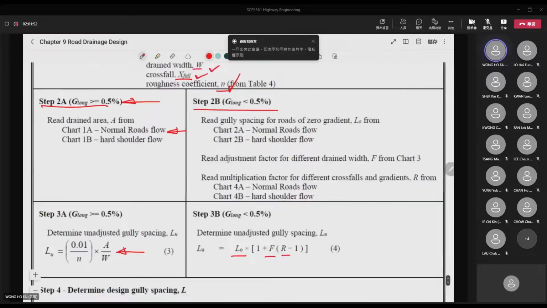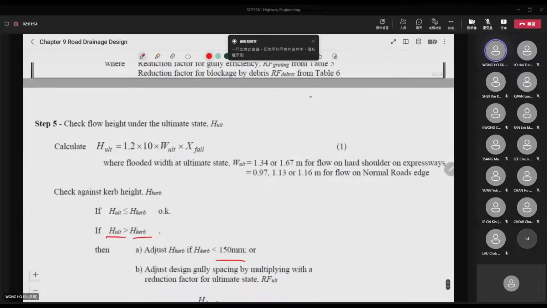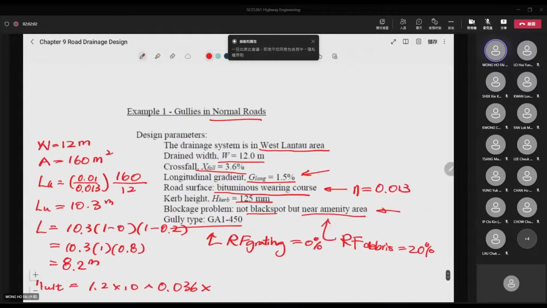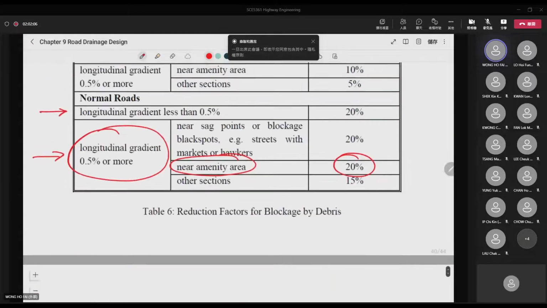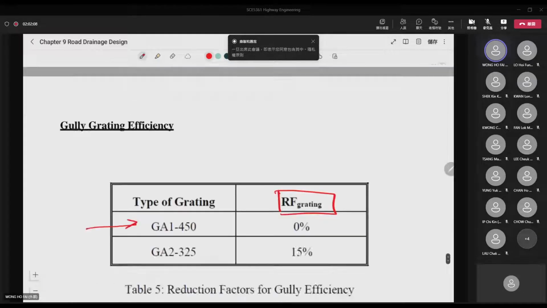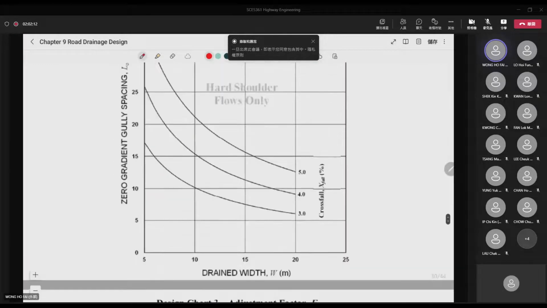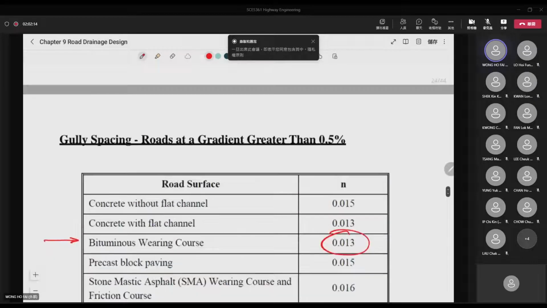But for the ultimate, the ultimate flow width actually depends on the row. So you can see that it is the West Lantau area. Then you can take a look at the values of West Lantau area.